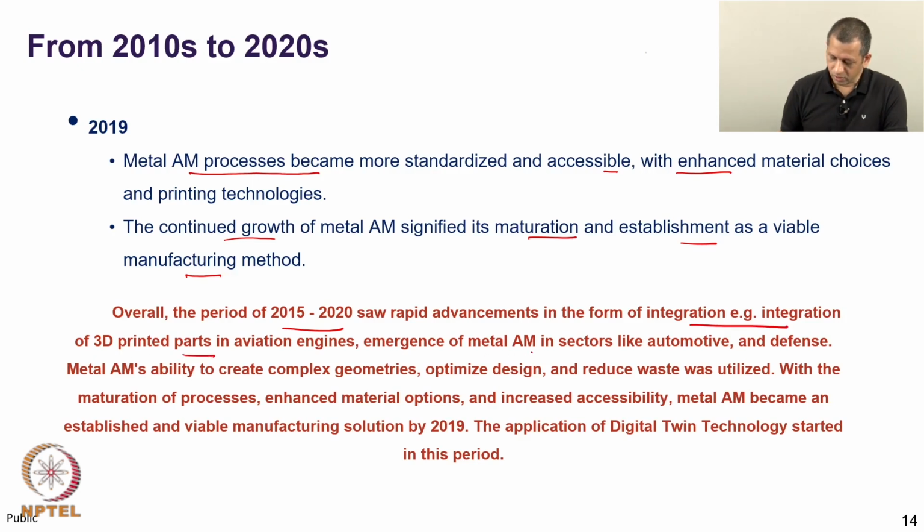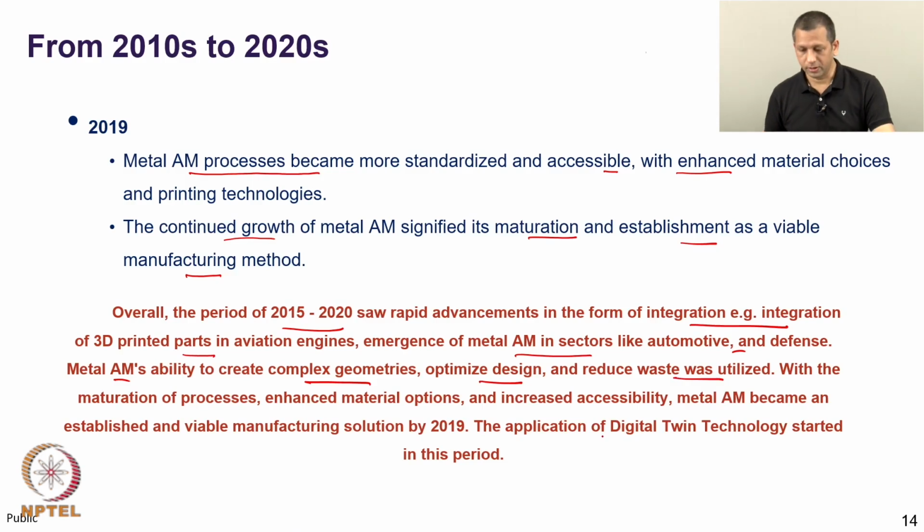There was emergence of AM in sectors like defense and automotive, and the adoption was mainly driven by creation of complex geometries, optimized designs, fewer iterations of better designs, reduction of waste, and so on. Also, there was usage of digital twin technology for better control and improvement of additive manufacturing.